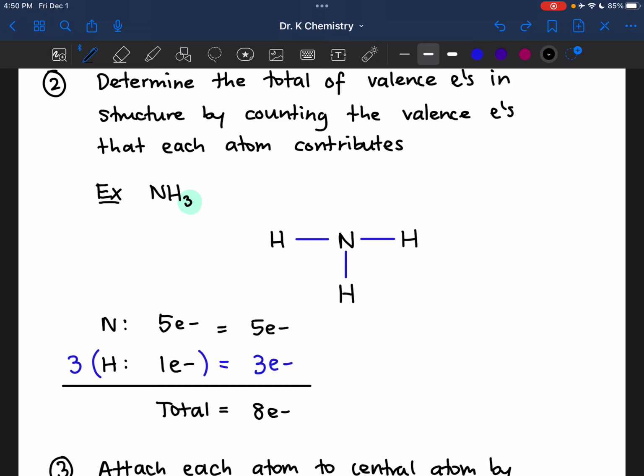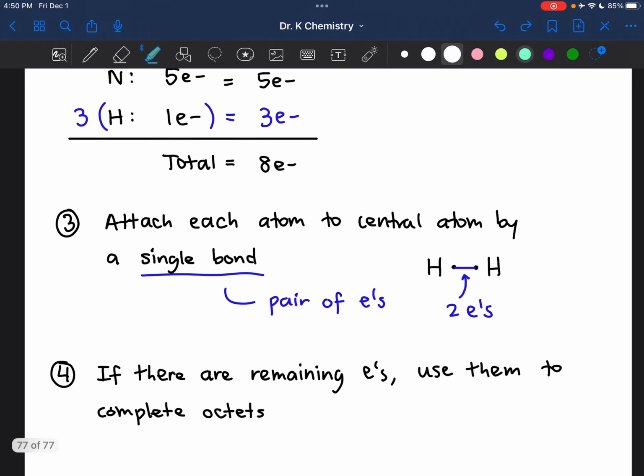Nitrogen right now is not particularly happy because it has access to 6 valence electrons, but it needs 8. And everything is already connected by a bond, so I'm going to distribute the remaining 2 electrons to nitrogen as a lone pair of electrons. Now nitrogen has access to 8 valence electrons, and this structure is good to go. So the next thing you always want to do is make sure that every atom in the formula has the number of valence electrons that it needs.